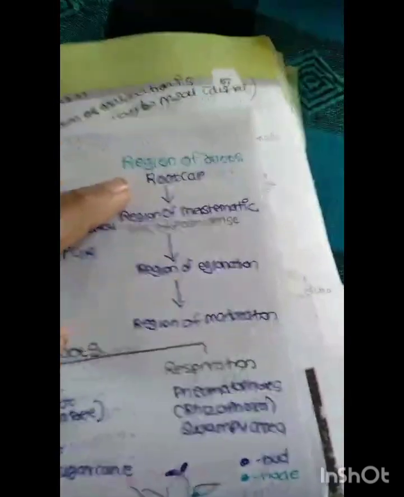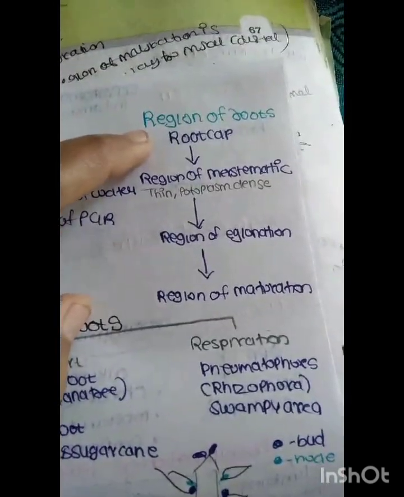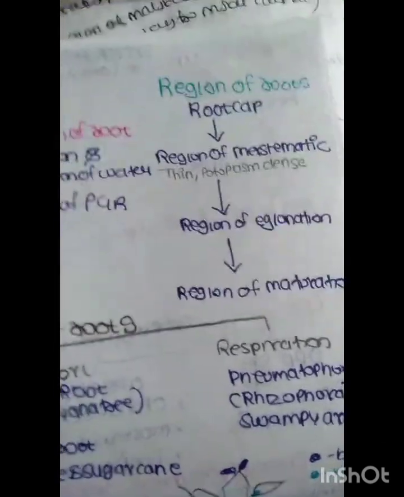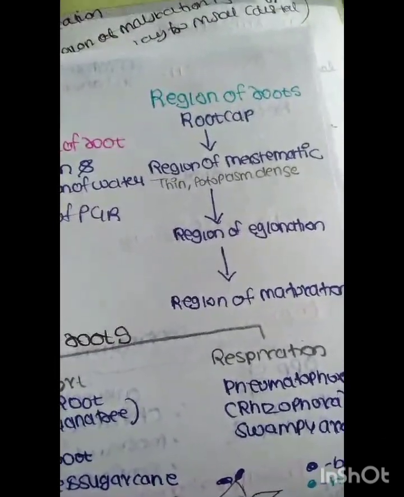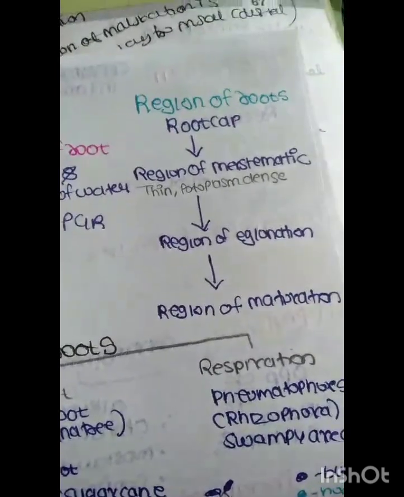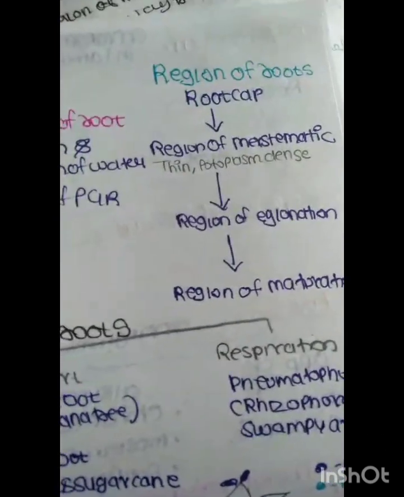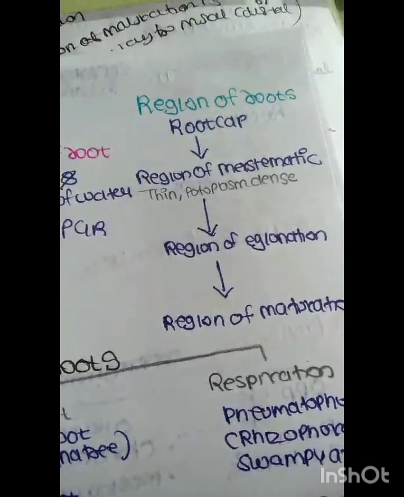Through this graph you can easily understand these regions of roots. First is the root cap, then the region of meristematic activity, then the region of elongation and the region of maturation. This is the way you can understand.